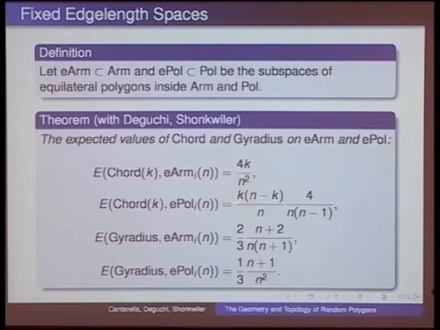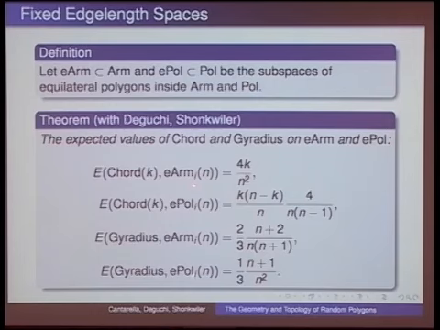Again, the further you go out on an arm, your expected chord length goes up for a while and then goes down as you come back home, right? Interestingly, for plane and space equilateral things, the results are the same. So that's why these say arm I and pol I. They don't depend on whether it's in the plane or in space.